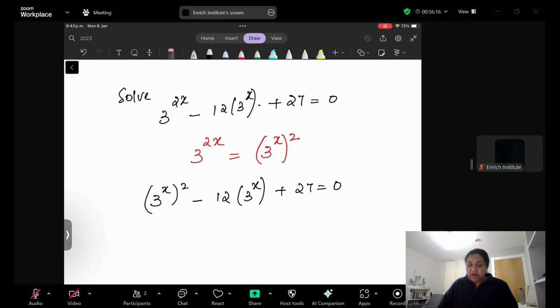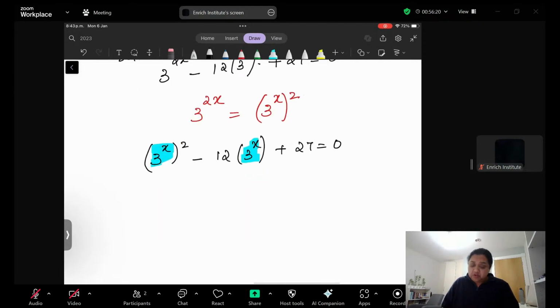Now I have a repeating number here, 3 to the power of x. Now I will substitute this. Let y is equal to 3 to the power of x. And then I can write this as y square minus 12y plus 27 is equal to 0.